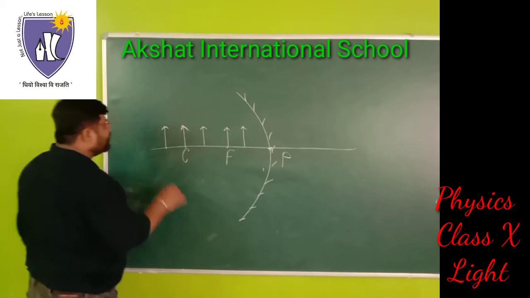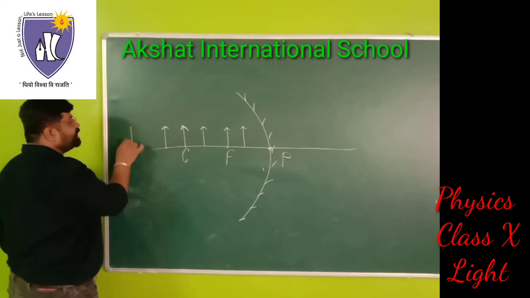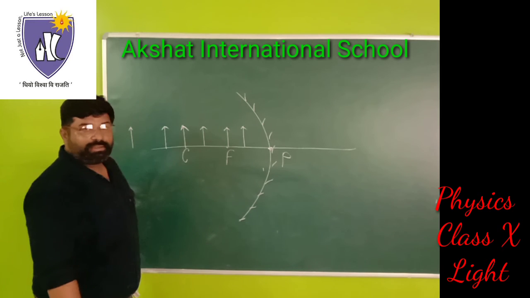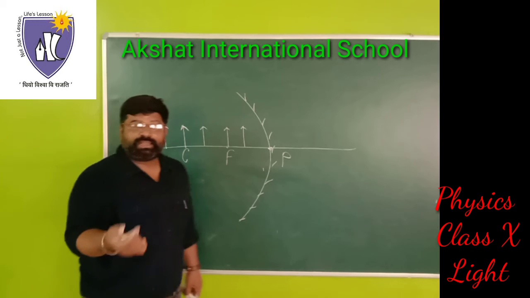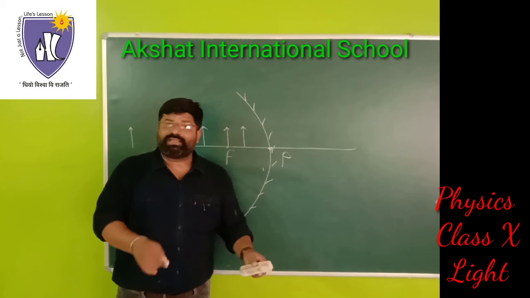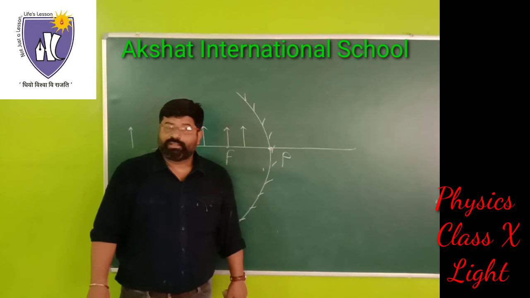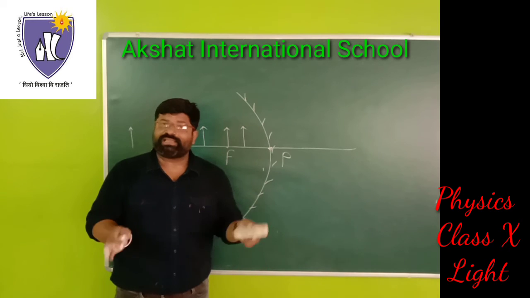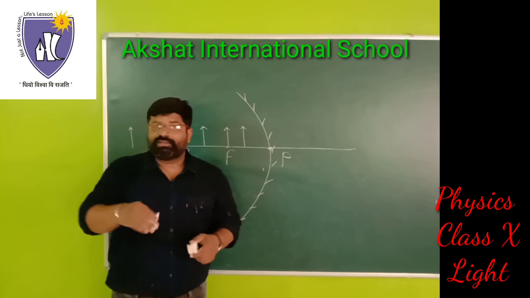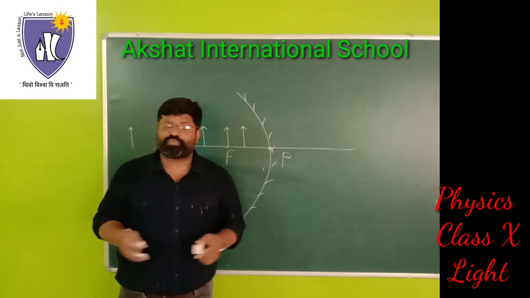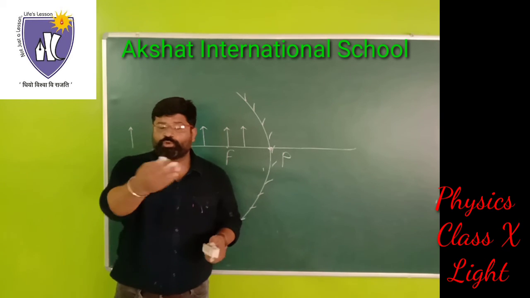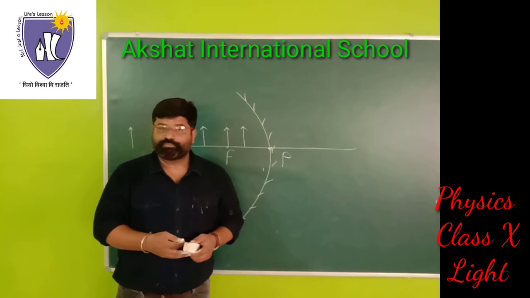And the last, that is the 6th position or 6th case, the object is kept at infinity. Infinity here doesn't mean that we are going to place it far away. Infinity means objects which are a little bit away from the optical bench which we have in the lab. I'll show you with the help of an experiment.